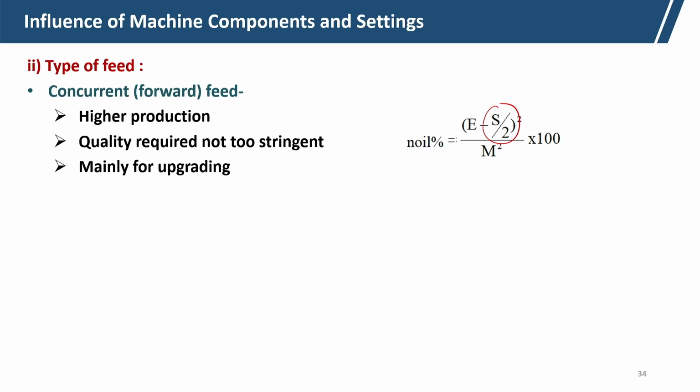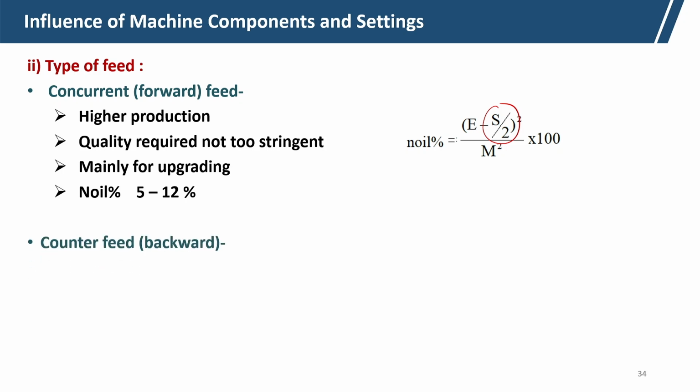It is mainly for upgrading. If we want to upgrade without full combing, which is called half combing, then we can use the forward feed. Noil percent is on the lower side, 5 to 12%.